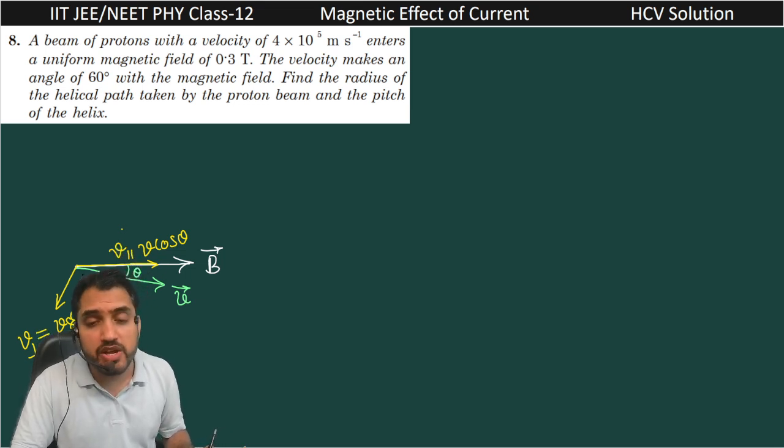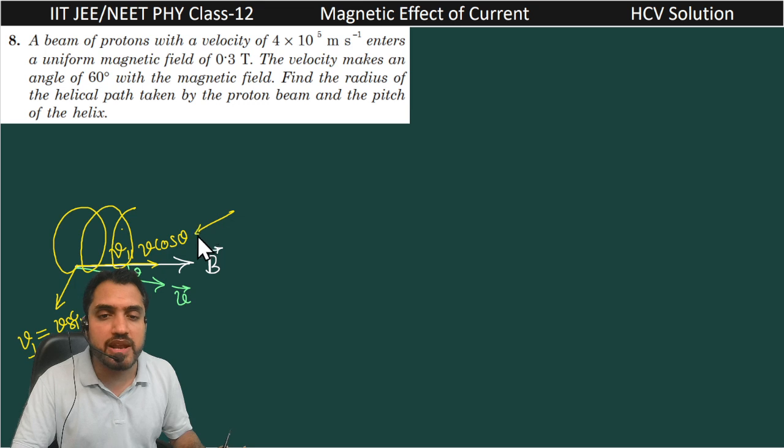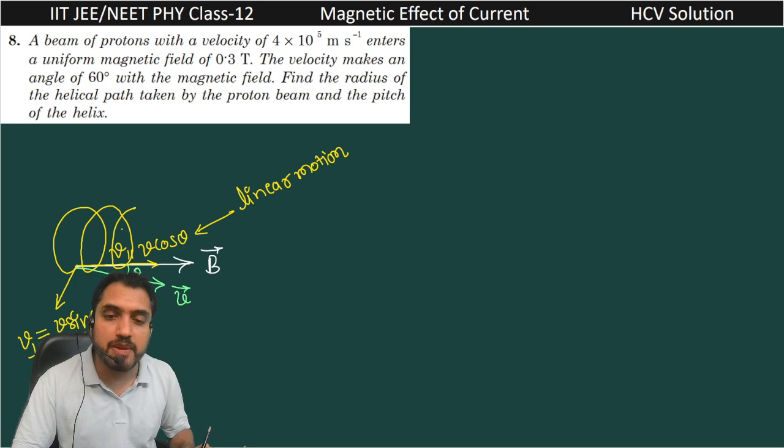Due to this perpendicular component, the charged particle will perform circular motion, but due to the parallel component, the charged particle will perform linear motion. So the parallel component is responsible for the linear, rectilinear motion, and the perpendicular component is responsible for circular motion.